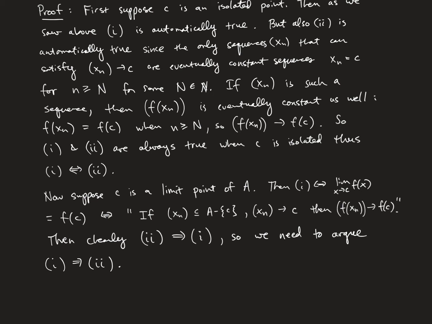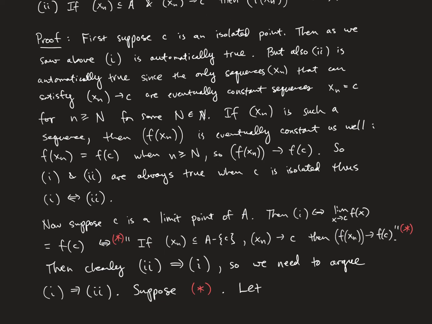Okay, so we're going to suppose, so let's see, I guess I should maybe put this thing in red here. Okay, so suppose that, and then we need to show that 2 holds.